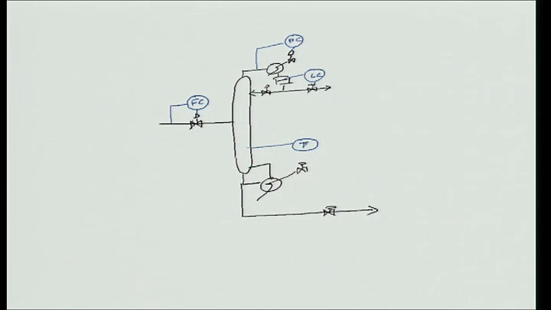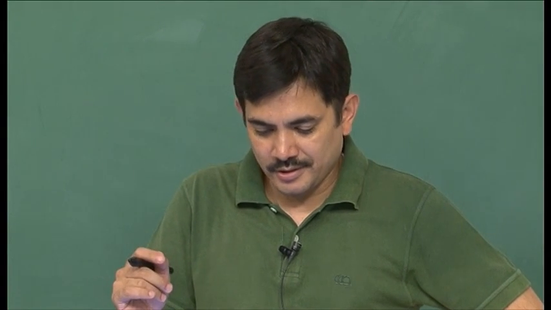This is the conventional way of doing things, and let us just say this level is controlled by adjusting the bottoms, and let us just say the product composition is being controlled by adjusting the reflux. Okay. This is the conventional control system on this distillation column.